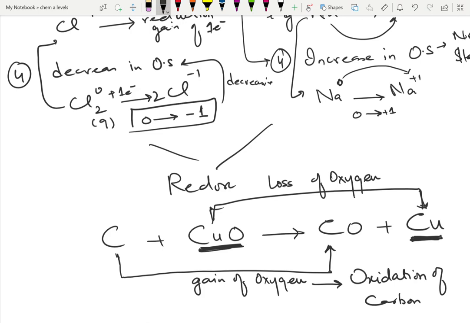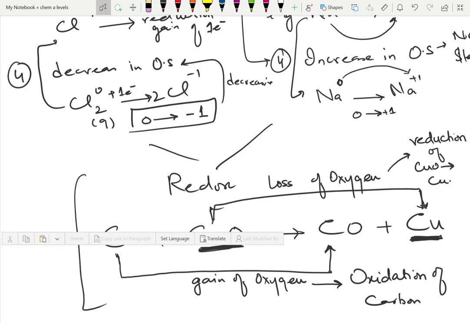So it is loss of oxygen, that is reduction, reduction of copper oxide to copper. This is a simple reaction just to show you how a redox reaction actually takes place.